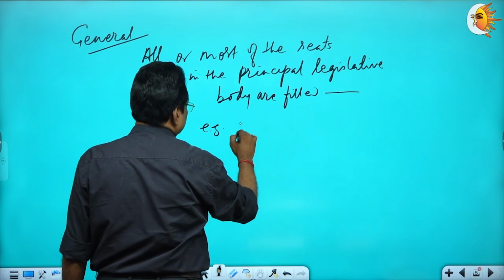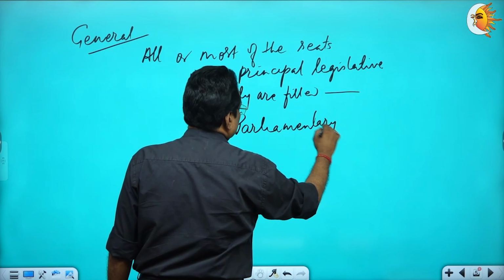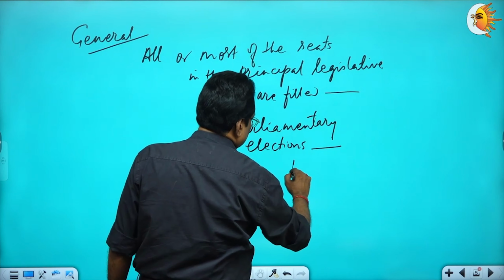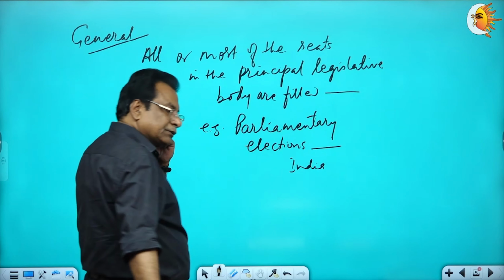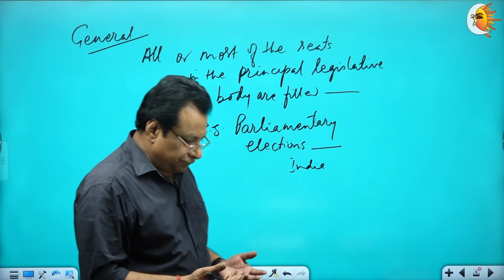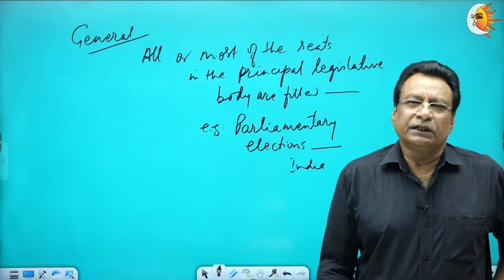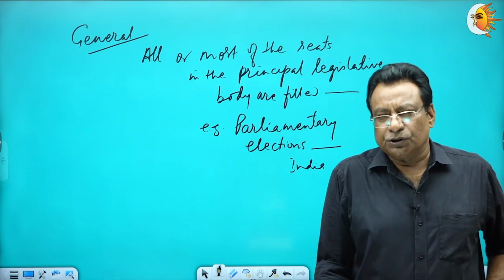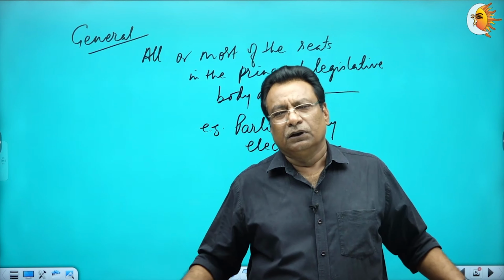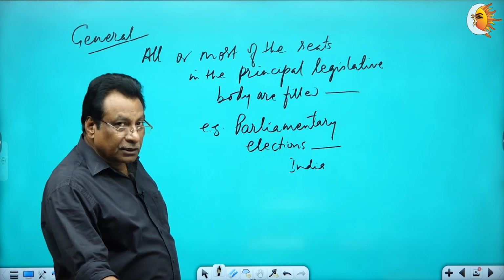Example, India also. That's what we say, general election. When for Lok Sabha or Rajya Sabha or even for state legislature, we say that parliamentary seats are filled, either all or most of them are filled through elections, and that is what we call general election.